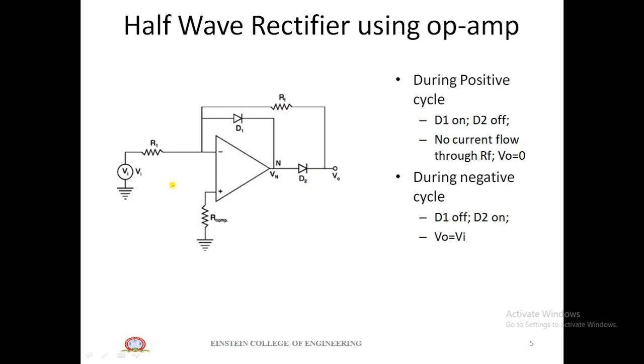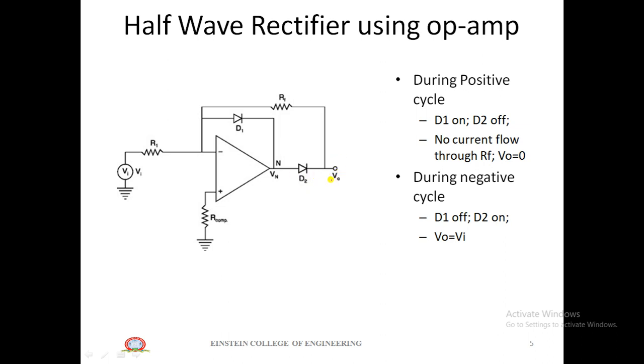During the negative cycle, the negative signal is connected to the diode D1. So D1 will be off and the amplifier will invert the signal. So the negative signal will be inverted to a positive signal. The positive is connected to the anode of diode 2. So diode 2 will start to conduct.